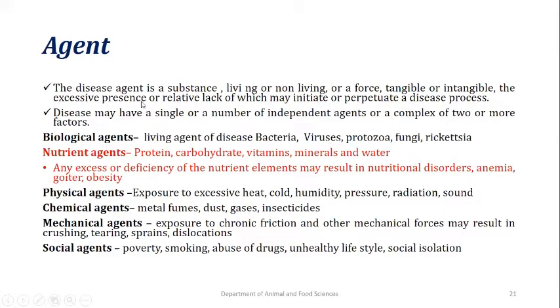As I mentioned earlier, the agent can be biological agents and most importantly nutrient agents that we are particularly interested in this course. It can be protein, carbohydrate, vitamins, minerals, and water malnourishment. An excess or deficiency of the nutrient elements may result in nutritional disorders, anemia, goitre and obesity. So nutrient agents are also responsible for occurring diseases.